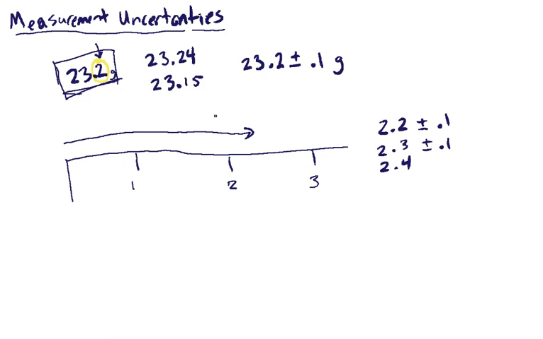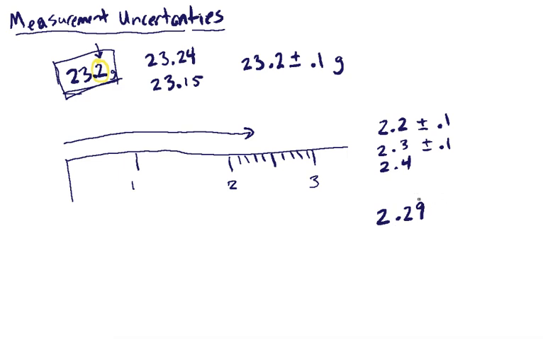Now, if our ruler was a little better and, say, it had tenth measurements in it, 1, 2, 3, 4, 1, 2, 3, 4. Well, then in that case, you can go a little further. You can look at this and say, all right, this is definitely right at this 2 and 2.3, and it's actually just maybe slightly before it. So I would then say, I think this is 2.29, and somebody else might think it's 2.28, or they might think it's 2.30.